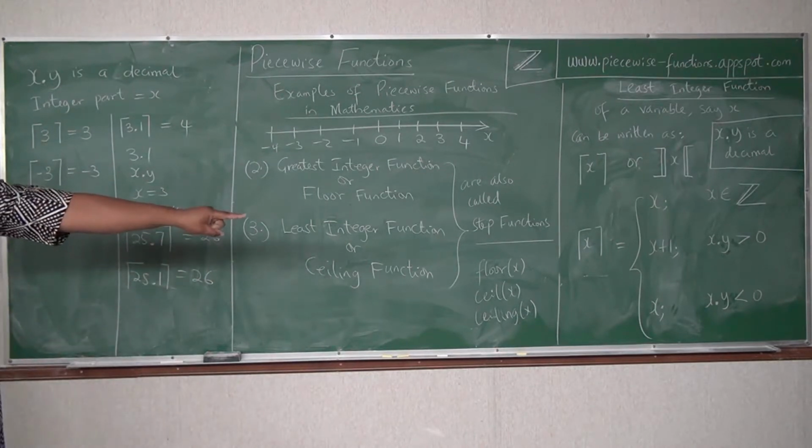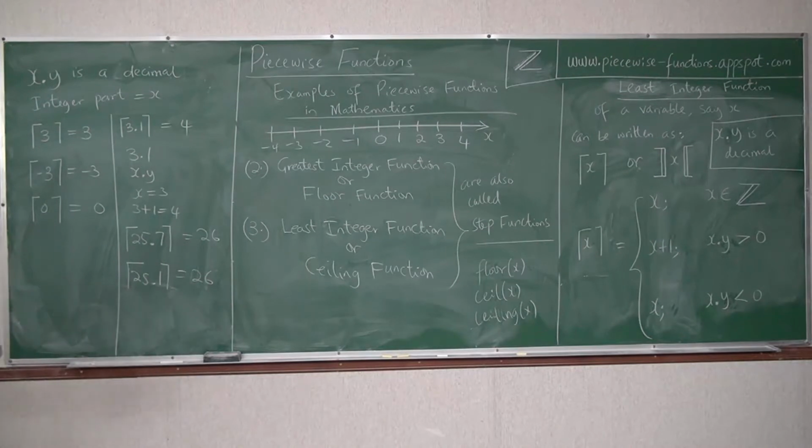Now, let's do the next one for negative decimals. What is the least integer of negative 3.3? Just put the integer part only. The integer part here is negative 3.